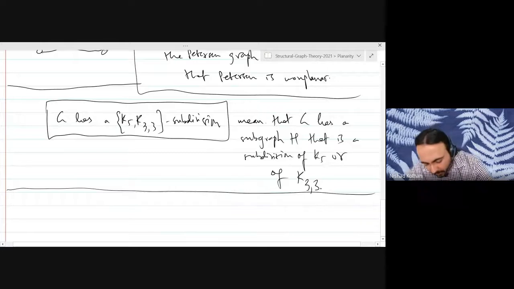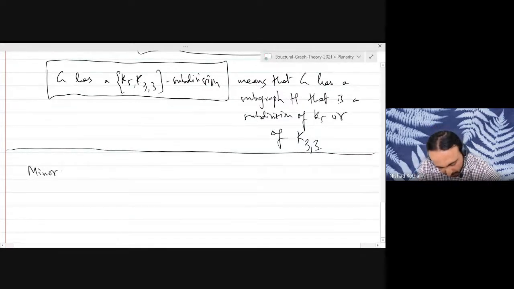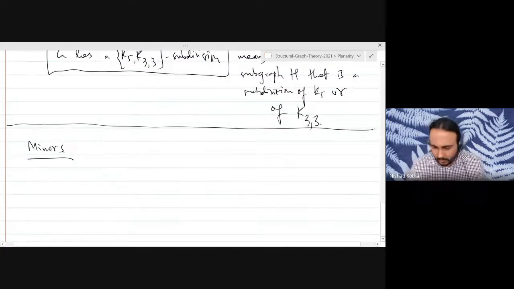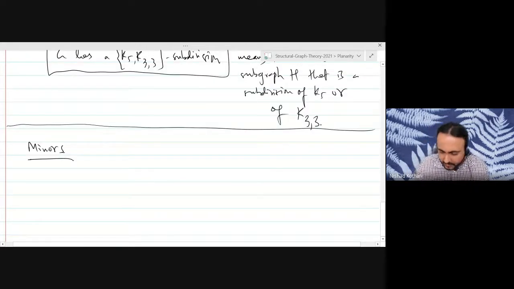Now I want to talk about a different notion of containment that we also discussed one or two lectures ago: minors. Maybe I'll just take 1 or 2 minutes and then we'll continue the discussion tomorrow.